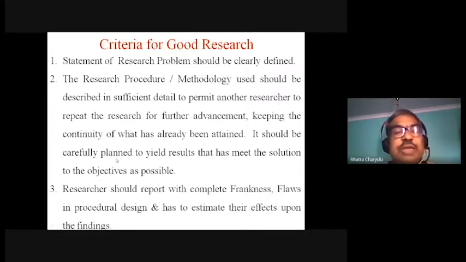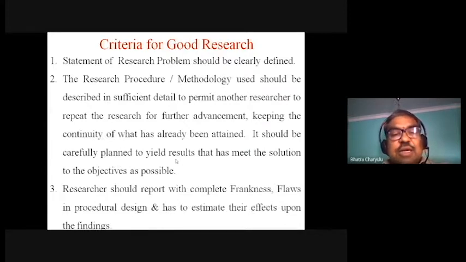It should be carefully planned to yield results that meet the objectives as far as possible. Because if you are not in a position to extend the work, there is no use. Whatever the advancement, there must be some scope. Otherwise, it will not give a fruitful result, and it is not research.